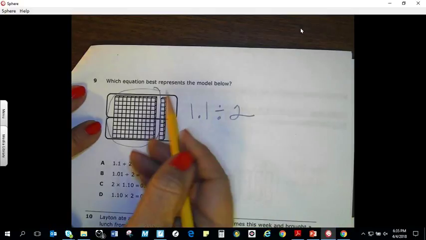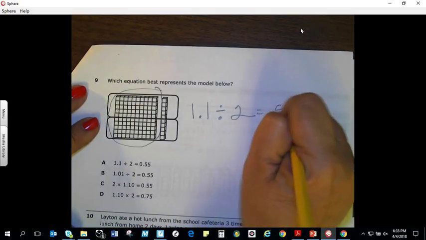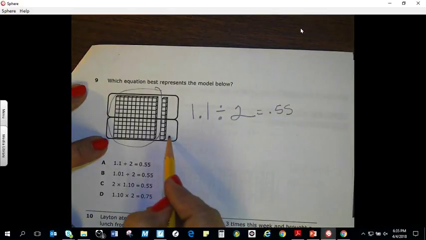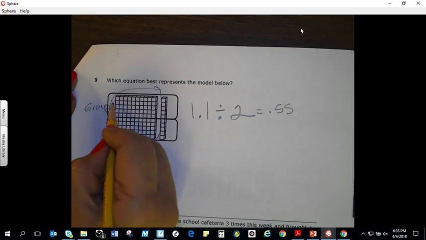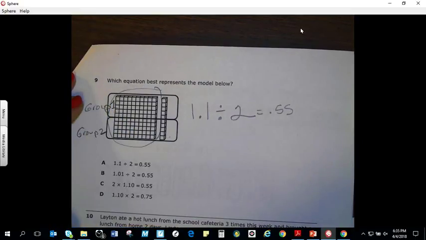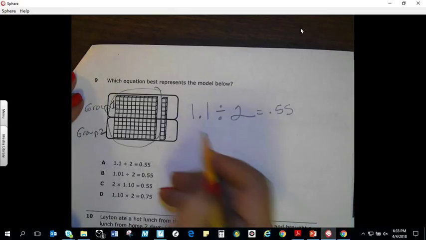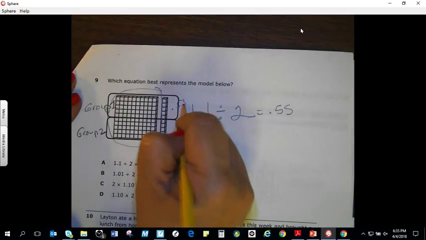I miscounted. So it equals 55 hundredths in one group and 55 hundredths in another group. So I have group 1 and group 2. And so that equals 55 hundredths here and 55 hundredths there.